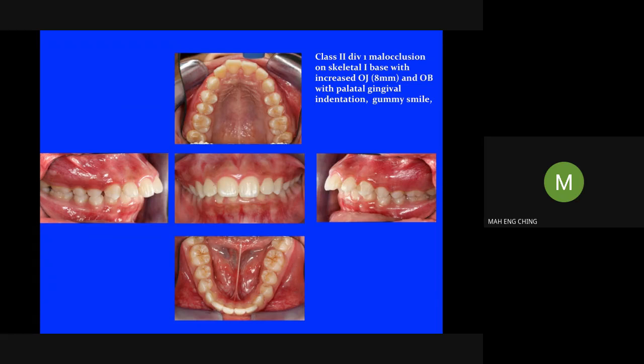So maybe 4A and 4F, which one do you go for? 4A, because the overjet will come before the overbite. So in the same category 4, I think we give this patient 4A. Agree? Yes, 4A. Okay.